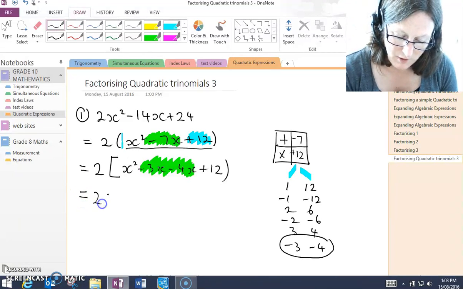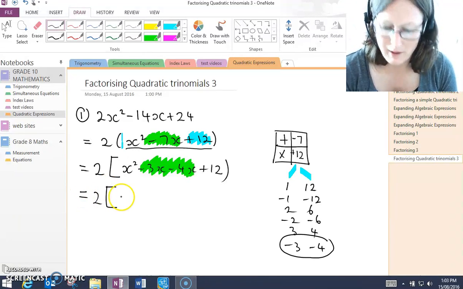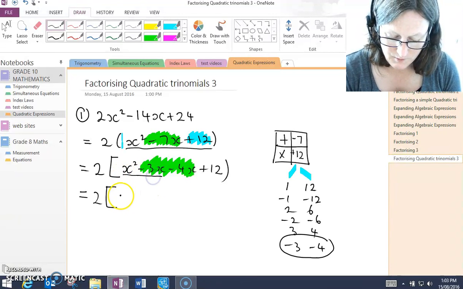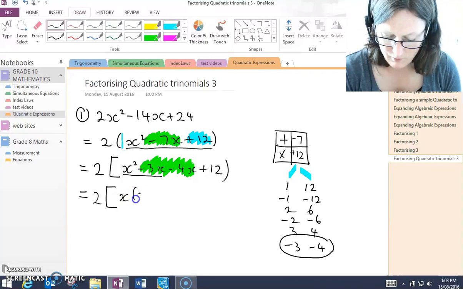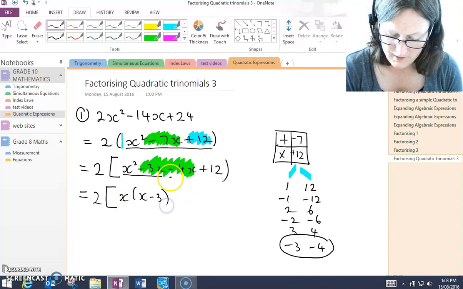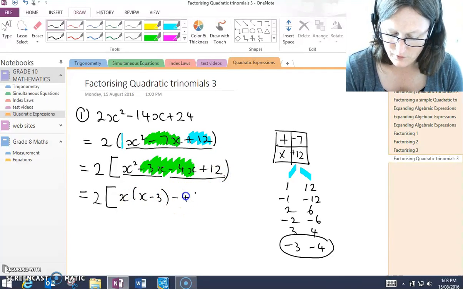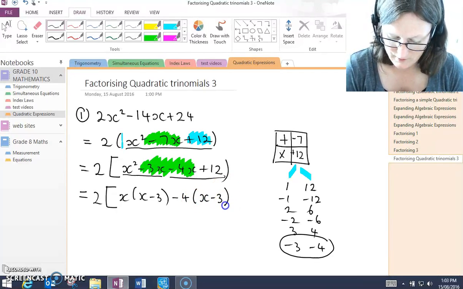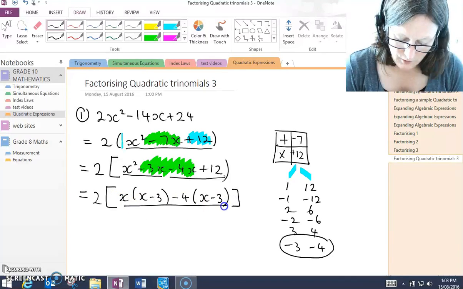So remember, I've got my 2. It's still there, but I forget about it. I look what's in my brackets. For the first two terms, x is common, and I'm left with x minus 3. For the second two terms, minus 4 is common, and if I take minus 4 out, I'm left with x minus 3. I then look, my 2 is still out the front.